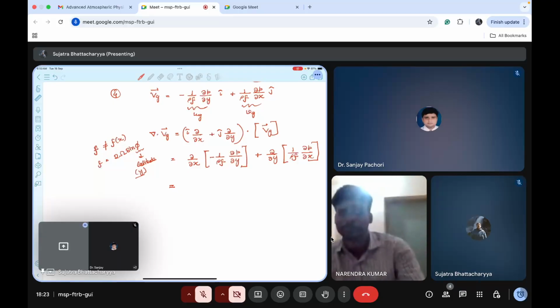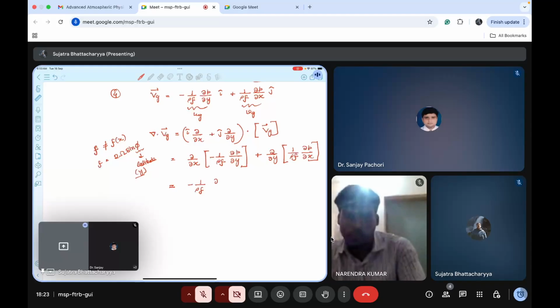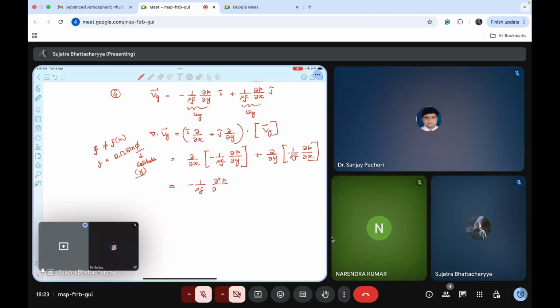Now, since f is not a function of x and rho is constant, we can keep them out and write a double derivative, minus 1 by rho f delta square p by delta x delta y. Plus, 1 by rho can be taken outside, but here is the trick: f is a function of y, so it has to be differentiated.